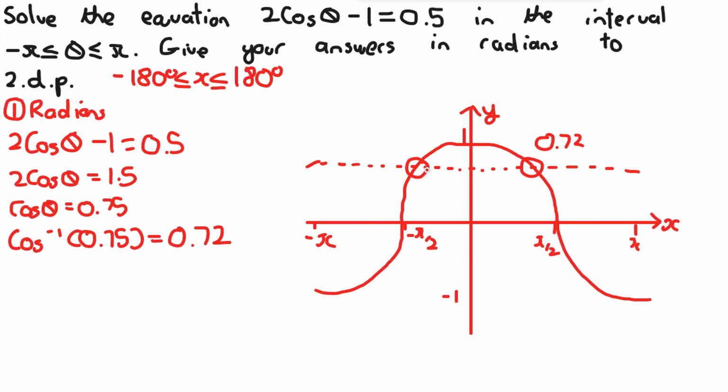This one's a lot easier because the symmetry is down the y-axis. So this here is also going to be 0.72, but it's going to be minus 0.72 like this. They're both based around 0. So the theta values to 2 decimal places, as the question asks, are 0.72 and minus 0.72.